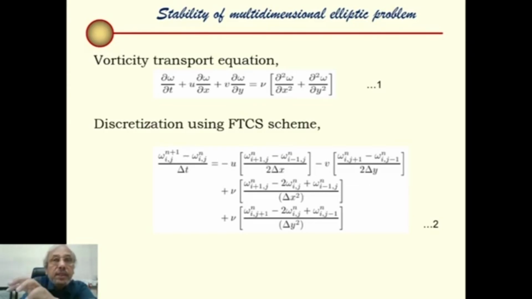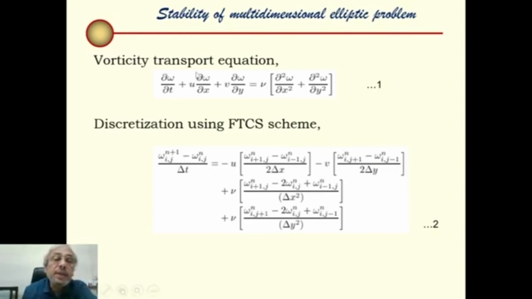That quantity, lowercase omega, which is vorticity, given by del v del x minus del u del y, is transported in this way: del omega del t plus u del omega del x plus v del omega del y equal to nu, the coefficient of viscosity, times del 2 omega del x2 plus del 2 omega del y2. And again we apply FTCS, that means forward in time and central in space.